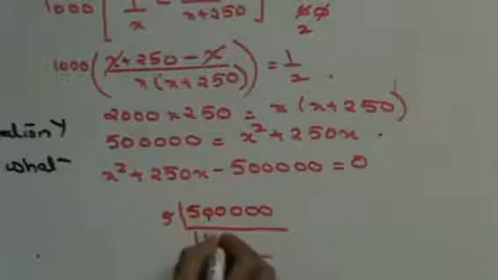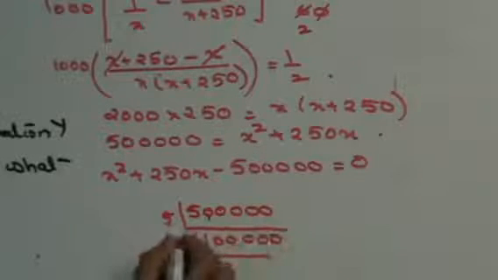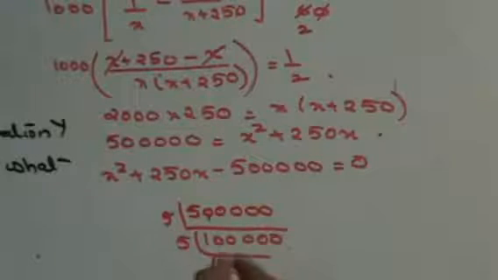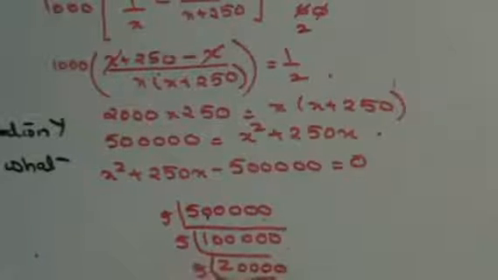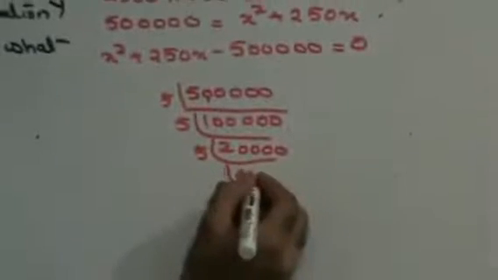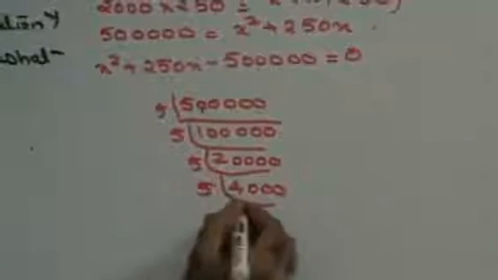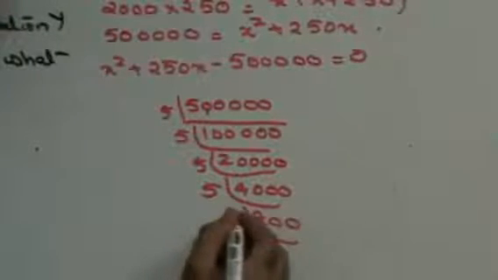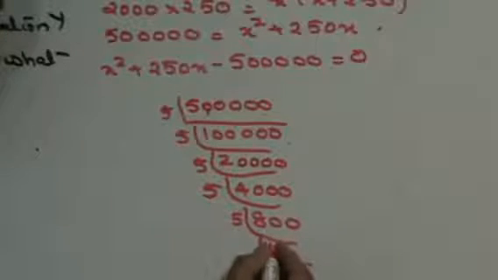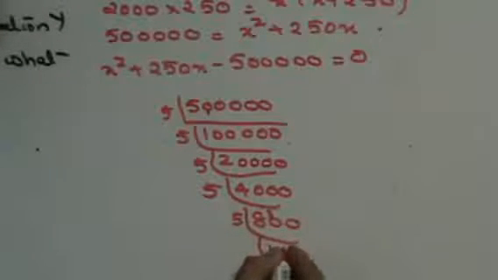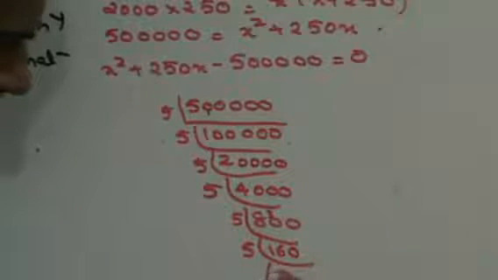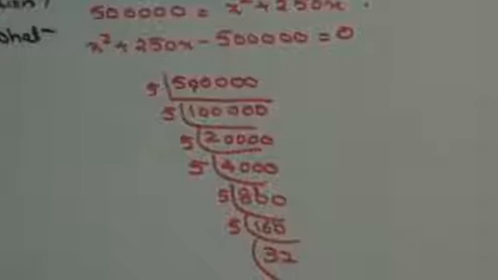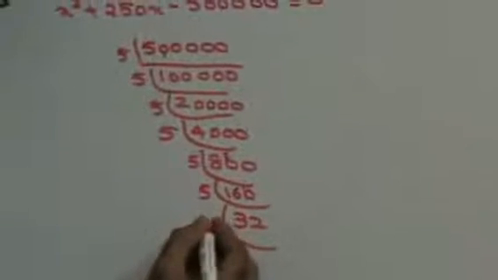5, 5, 5, 5, 5 and 32. That is the factorization.